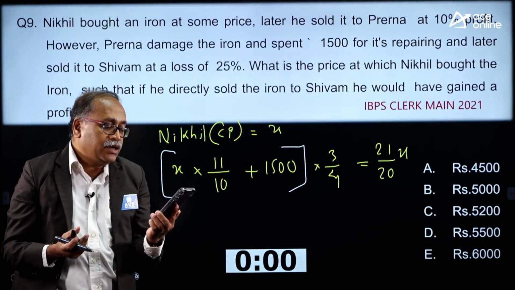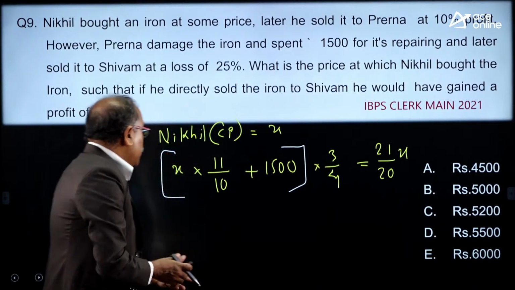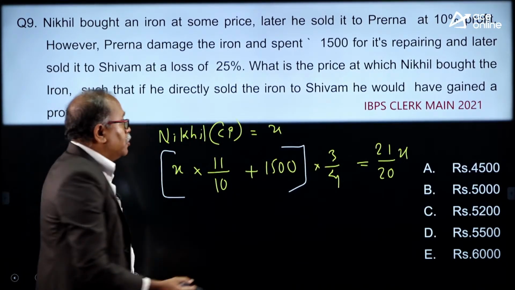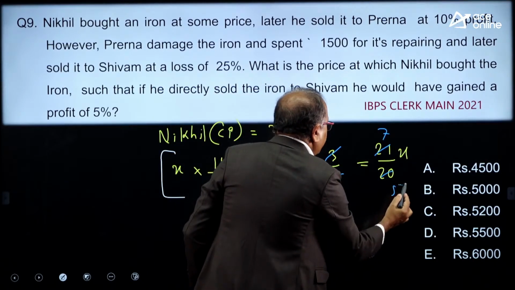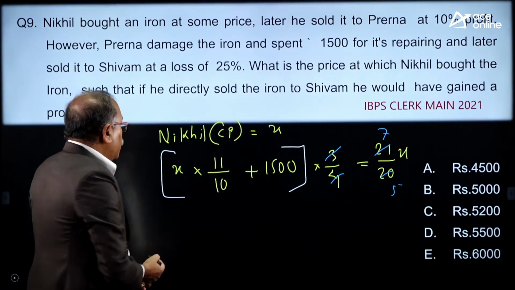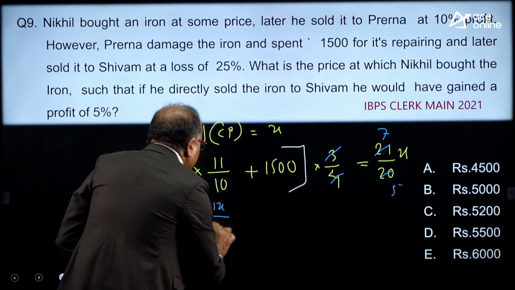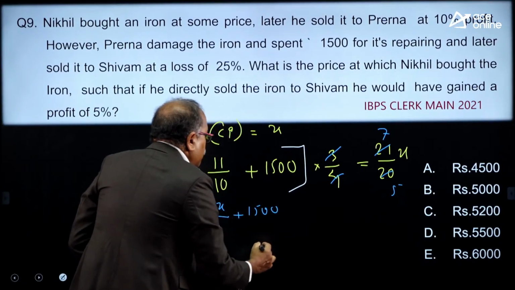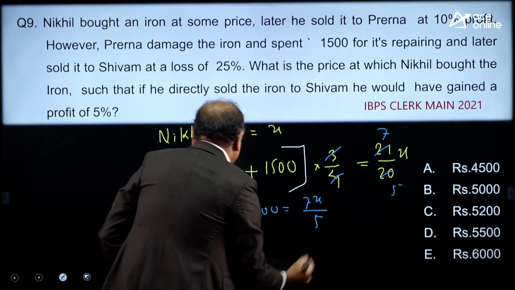Okay, at my end the 30 seconds are over. Let me cancel this one. It is simple cancellation only. Now here I cancel this, and this is 7 times and this is 5 times, it is over. Now when I look at this part, 11x by 10 plus 1500 is equal to 7x by 5.